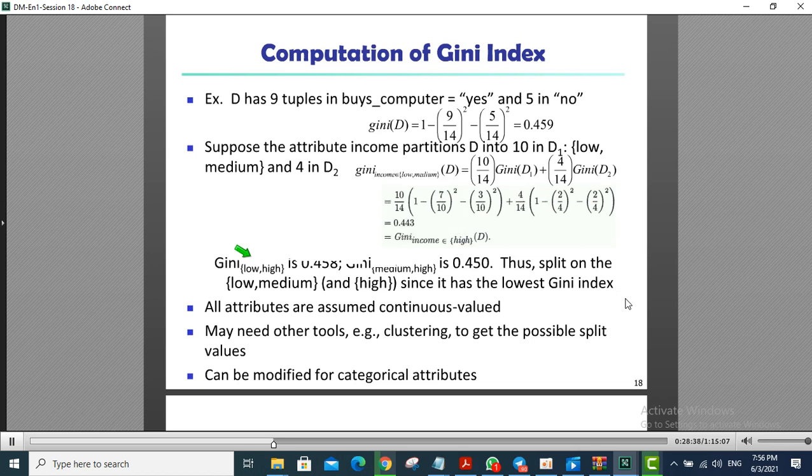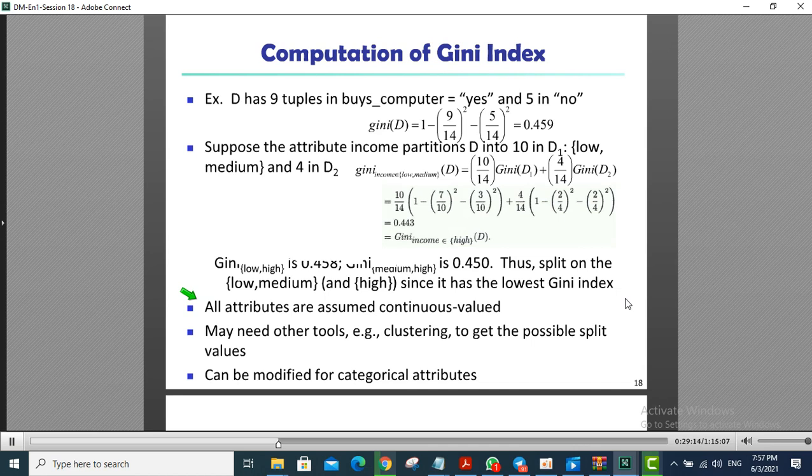So if I put it in delta Gini, it will give the lowest reduction in impurity of my data. Okay? So it's better for me to use this attribute with low and medium split points.